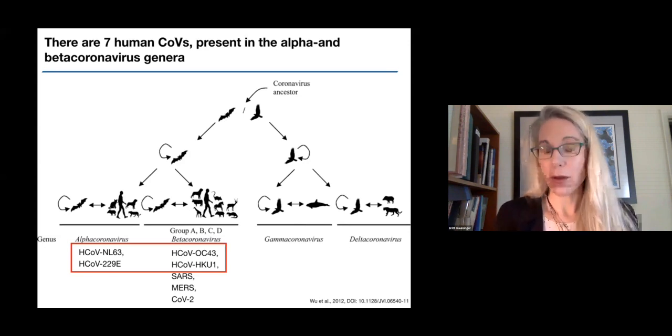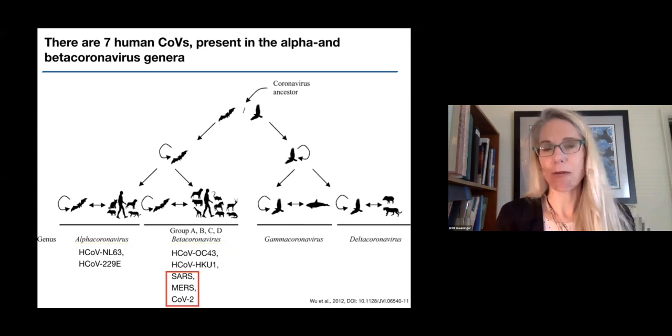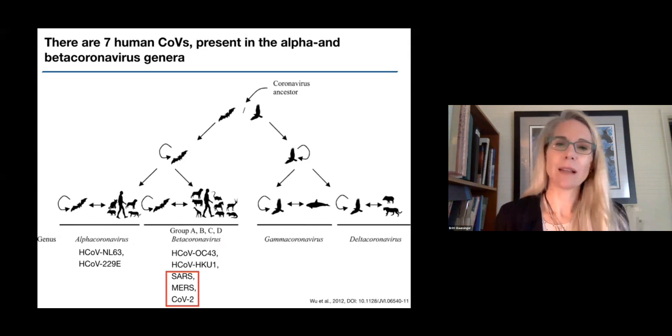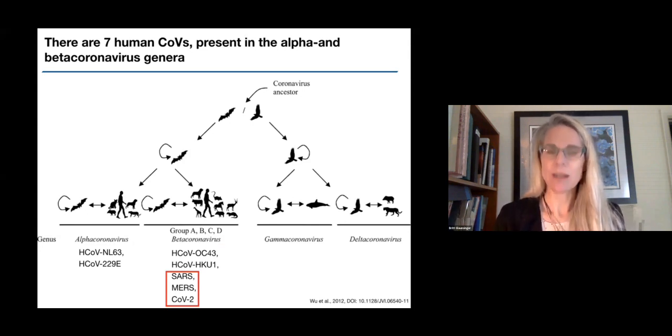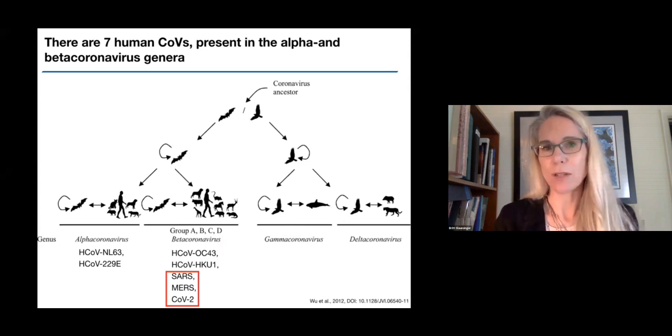Of course, we know that there are 3 additional coronaviruses that have entered the human population much more recently, all 3 within the last 20 years, through what are called zoonotic transmission or spillover events from other animals. And these are SARS, MERS, and of course the current COVID-2 pandemic strain.